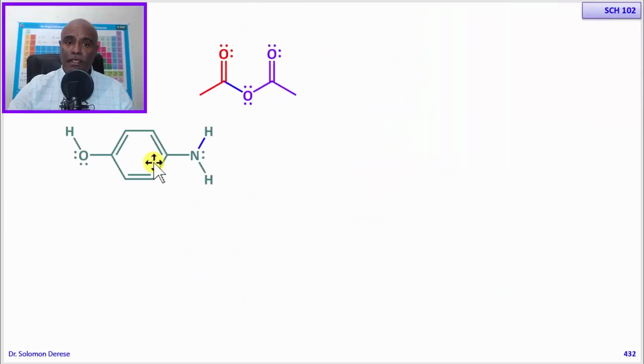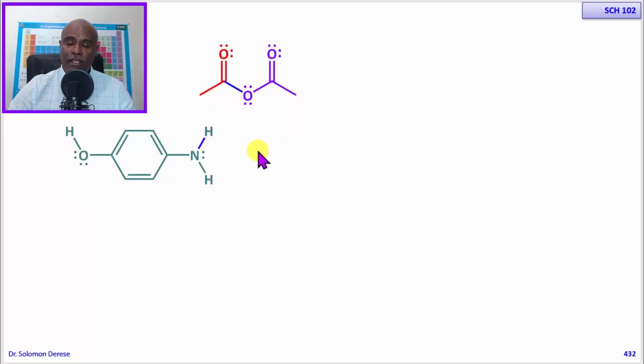Okay, so in here, this is a scenario. This is a reaction between this nucleophile and this electrophile. Remember, we have identified this to be the electrophile and this to be the nucleophile. 4-aminophenol is the nucleophile, while acetic anhydride is the electrophile.